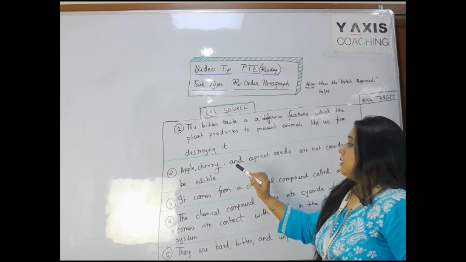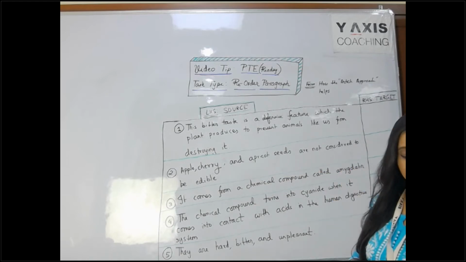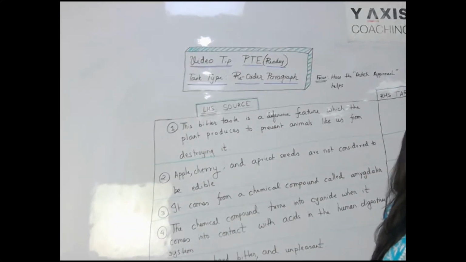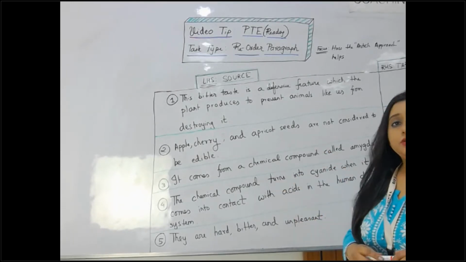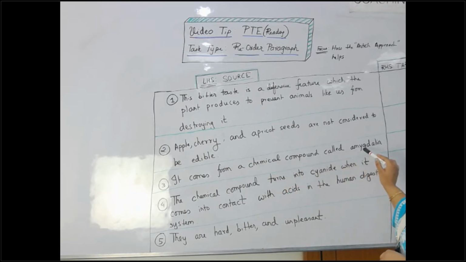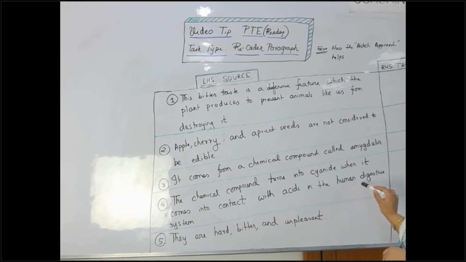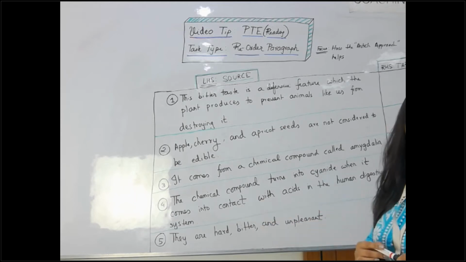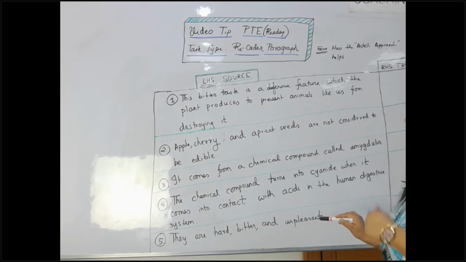Next sentence: apple, cherry, and apricot seeds are not considered to be edible. Sentence number 2. Sentence number 3 reads like this: it comes from a chemical compound called amygdalin. Sentence number 4, the chemical compound turns into cyanide when it comes into contact with acids in the human digestive system. And sentence number 5 says, they are hard, bitter, and unpleasant.